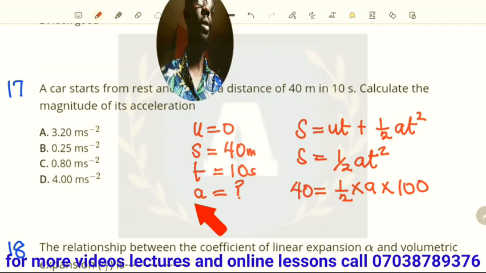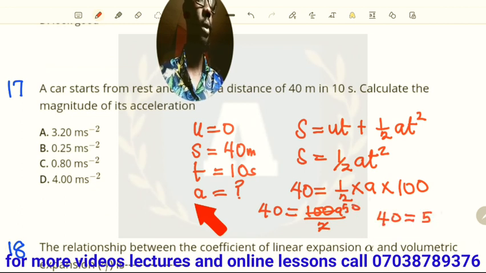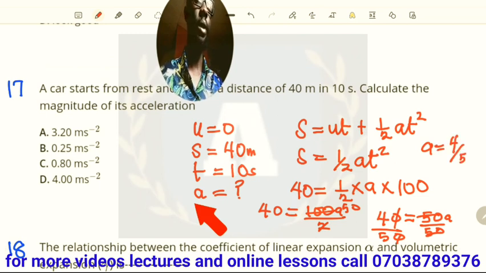So 40 equal to 100A over 2. This is 50. So we can say 40 is equal to 50A. We divide both sides by 50. So the acceleration is equal to 4 over 5, that is equal to 0.8.